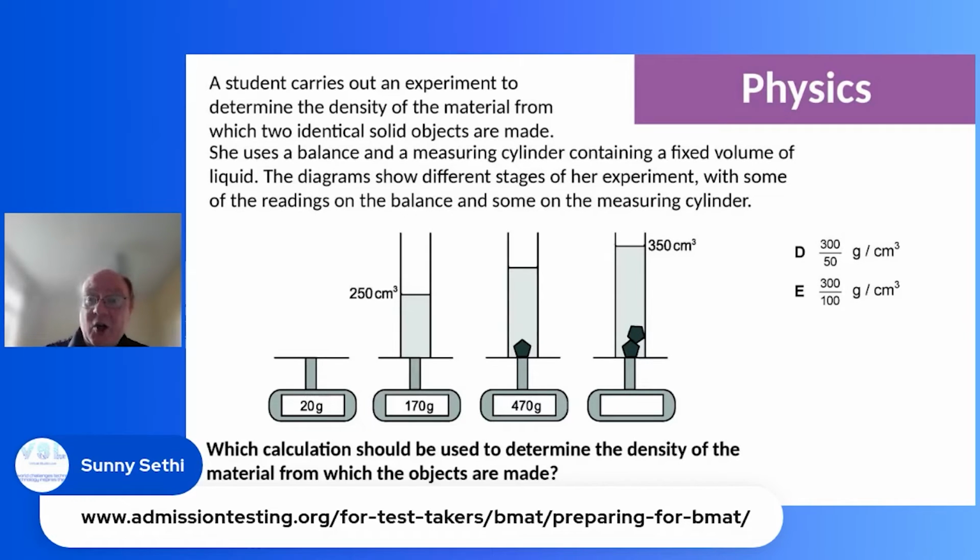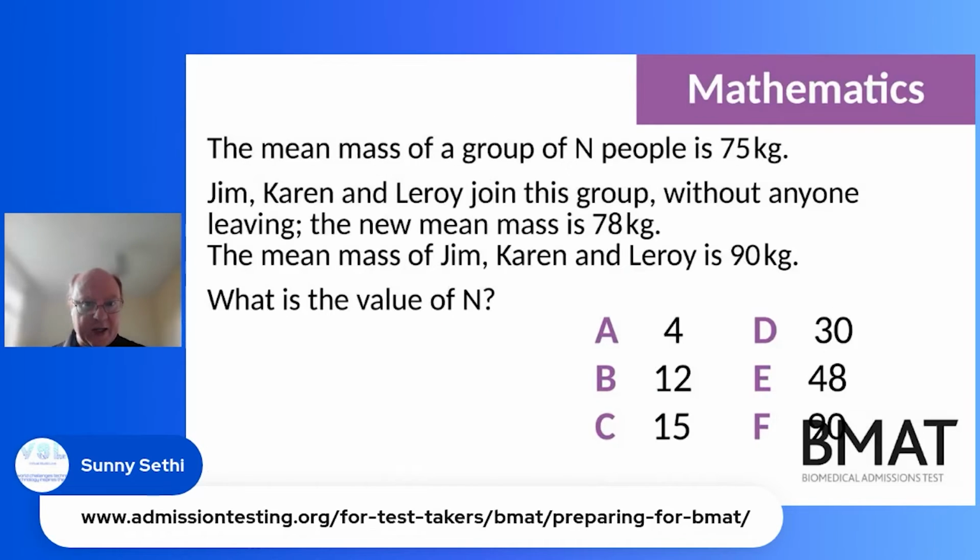You might think that's option E, but remember that in that final column, it's actually two of the objects. So 100 is for two of the objects. Halve that, we get to 50. It has turned out to be D again as the option, but that is the correct answer to this physics question. So I'll very quickly show you a mathematics question.